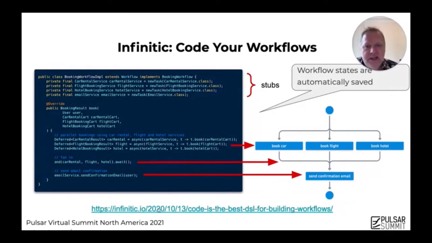For example, here we have a quick example where we ask to start these 3 bookings in parallel because we have an async syntax here. So we request the execution of the 3 services in parallel. And then this line is here to request that we are waiting for the completion of all 3 of them.